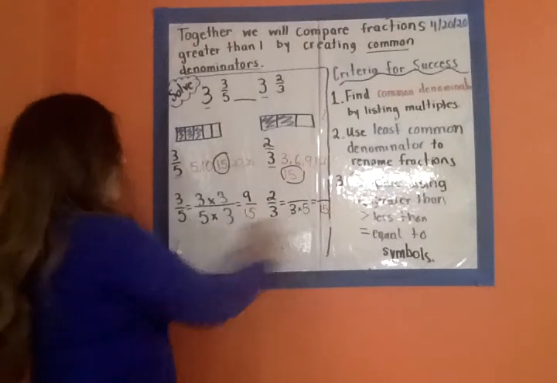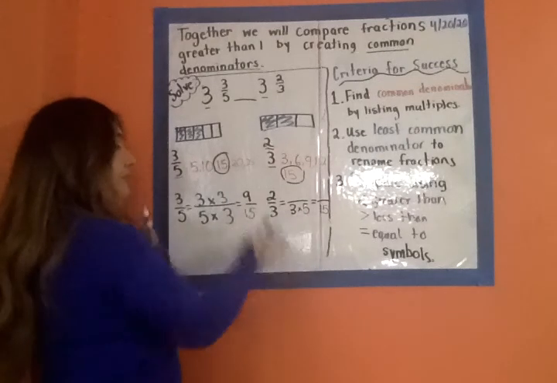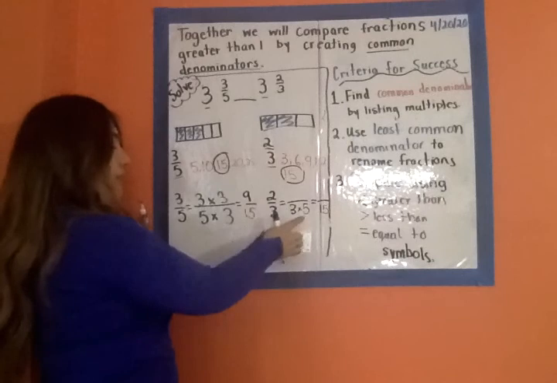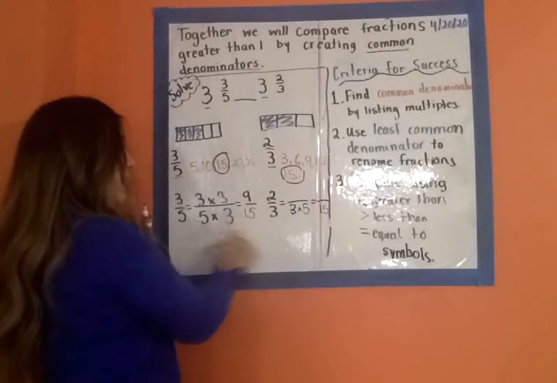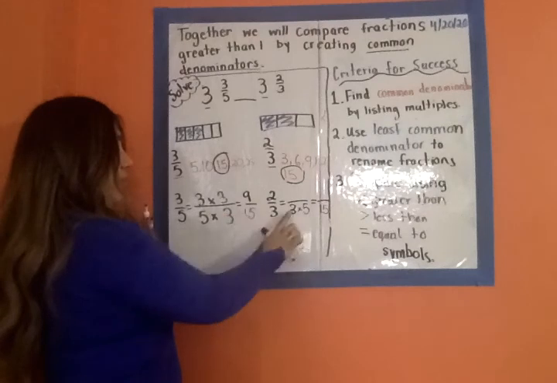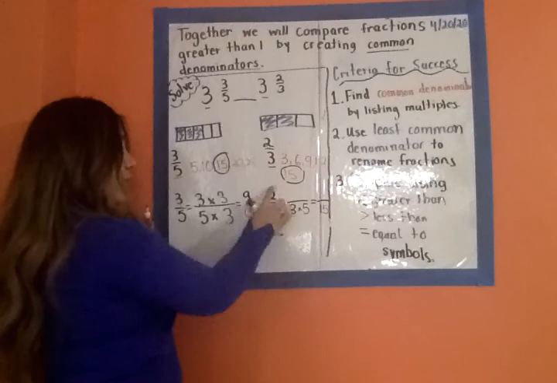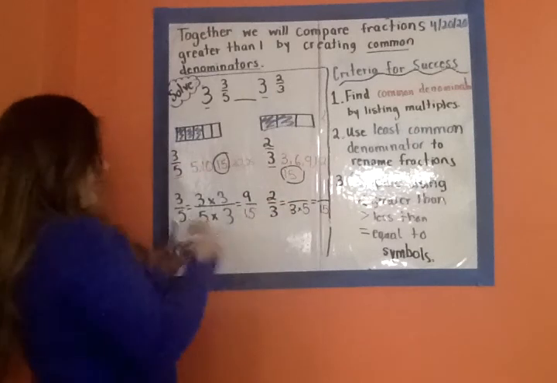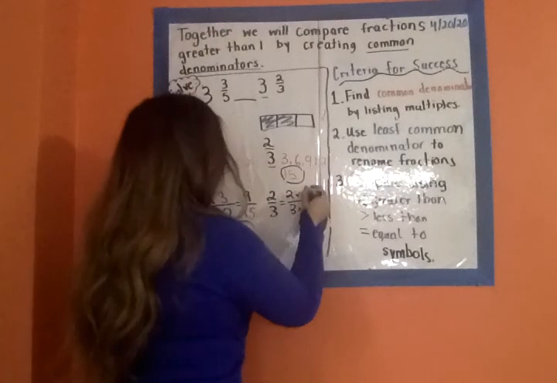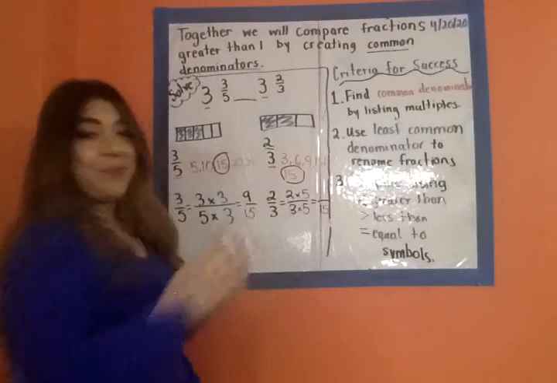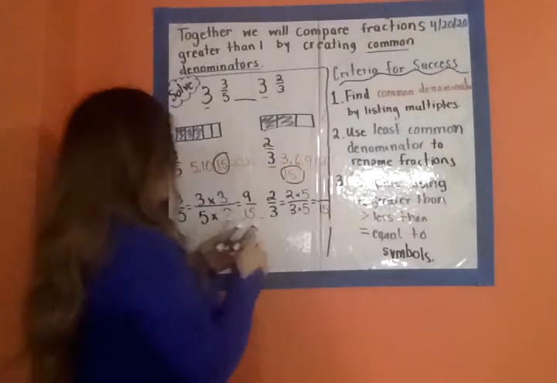So it doesn't matter what I multiply the first fraction by, I can use a different factor. However, the same thing applies. Whatever I multiply the denominator by, I need to multiply the numerator by. So if I'm multiplying 3 times 5 here, I'm going to multiply the numerator by 5. Okay? And last but not least, I get a product of 2 times 5, which is 10.